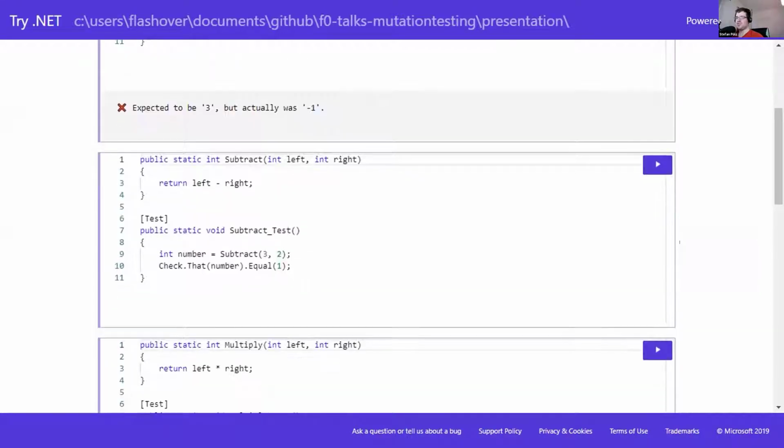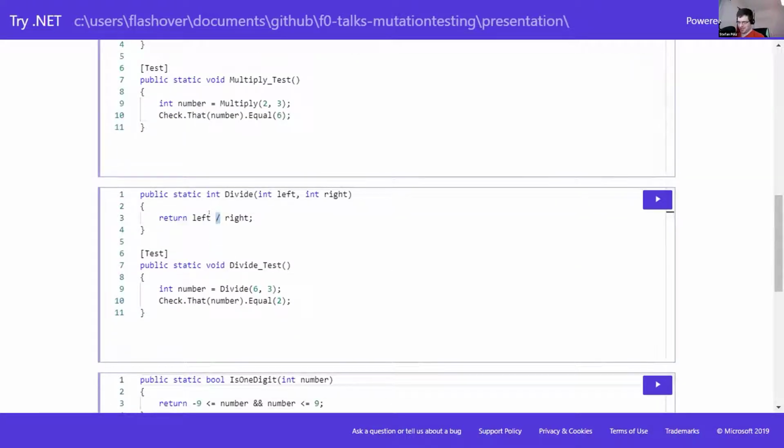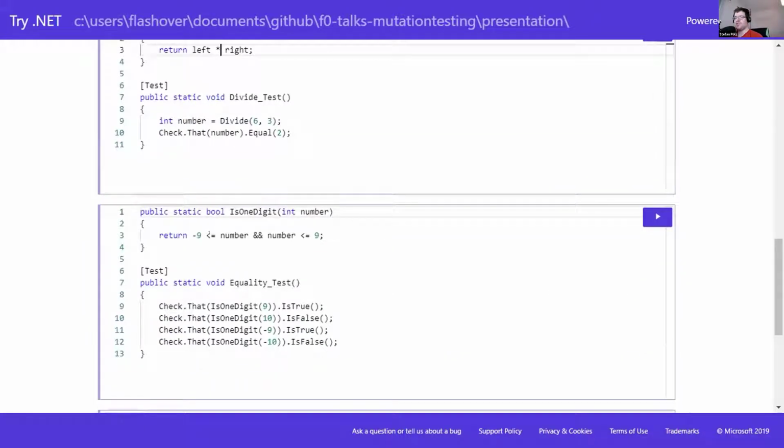And now the tool goes on and finds the next mutant, for example, changes subtraction to an addition, or multiplication to a division, and vice versa. It could also change, here I have a naive method of finding out if this integer we are given is indeed a single digit.